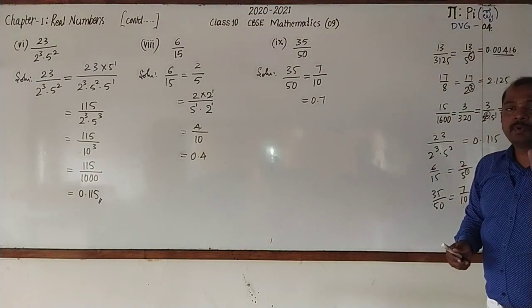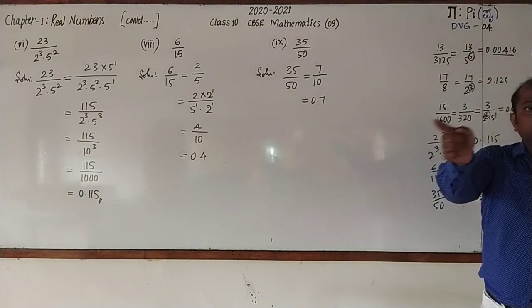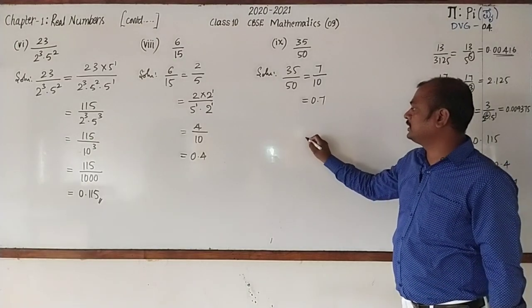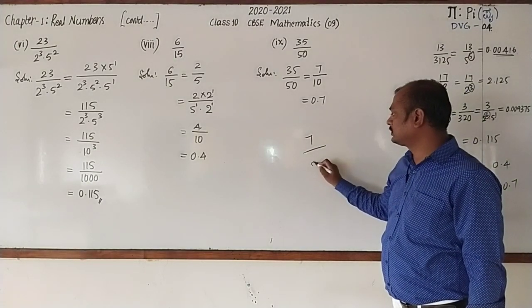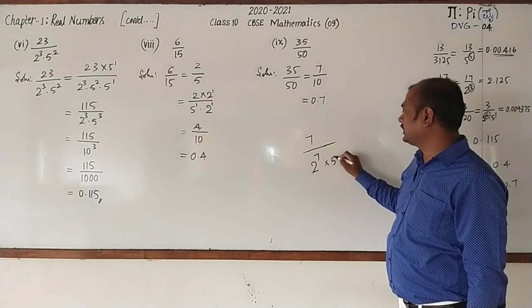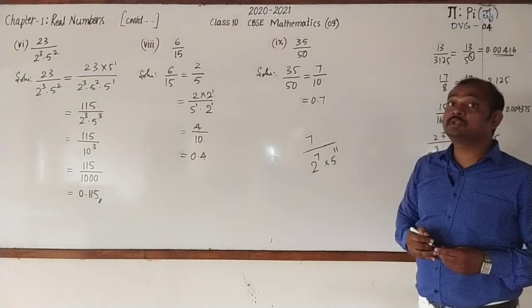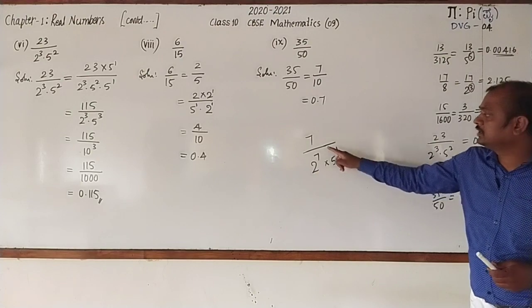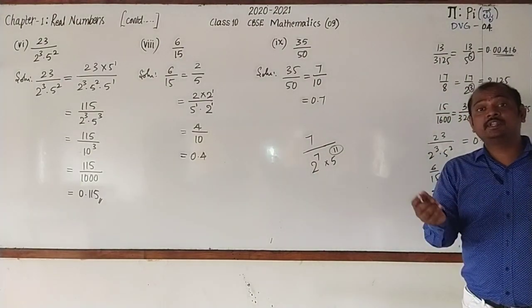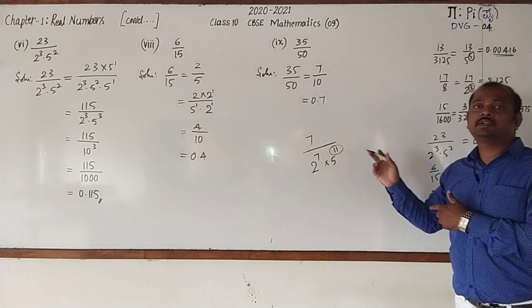After those many digits it will terminate. Clear? Just I will give you one example. 7 by 2 raised to the power 7 into 5 raised to the power 11. Could you tell after how many digits it will terminate? Yes, after 11 digits it will terminate.